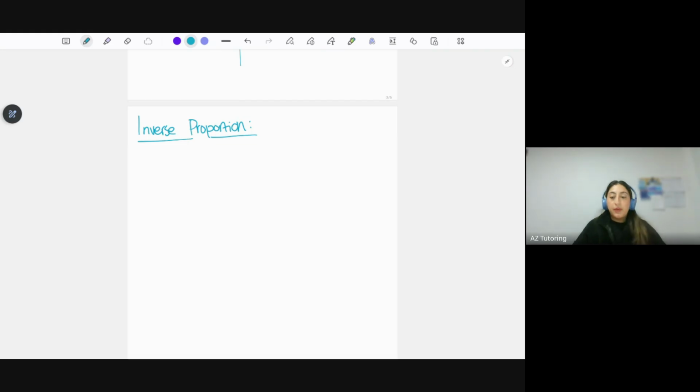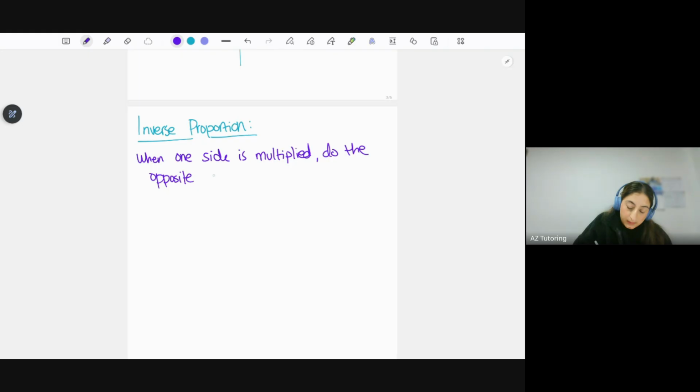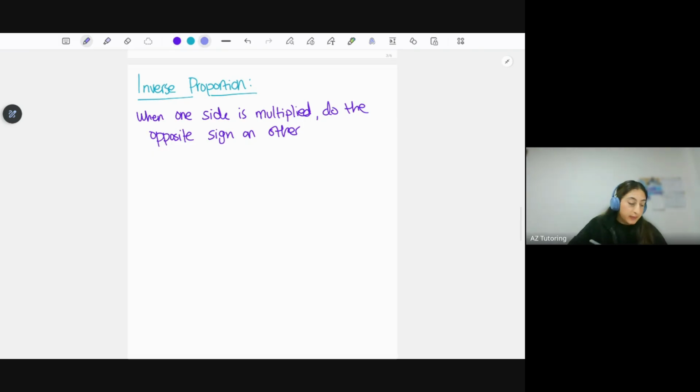So when one side is multiplied, do the opposite sign on the other side. For example, if you times on one side, you're going to divide on the other side. If you divide on one side, you're going to times on the other side. I'll give you an example which will make a bit more sense.